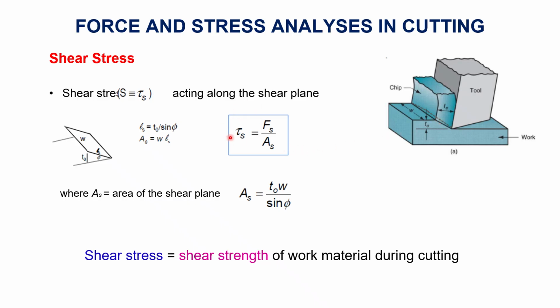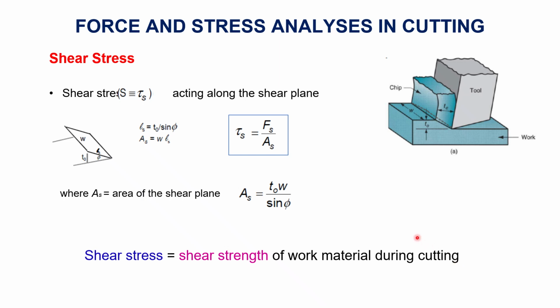So tau S is equal to the shear force divided by the area of the shear. The area of the shear is equal to the initial thickness multiplied by the width divided by the sine of phi. The shear stress is equal to the shear strength of the work material during the cutting operation.